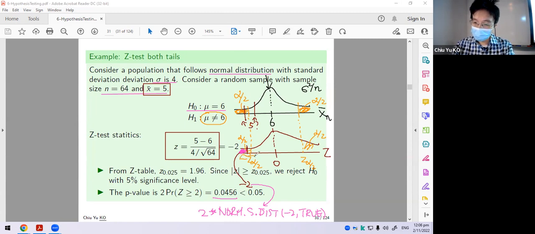Or we can calculate exactly what is z alpha over 2. So this would simply be norm.s.inv. Alpha is 5%, alpha over 2 is 2.5%.